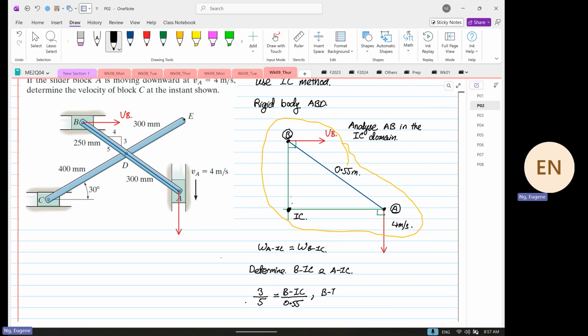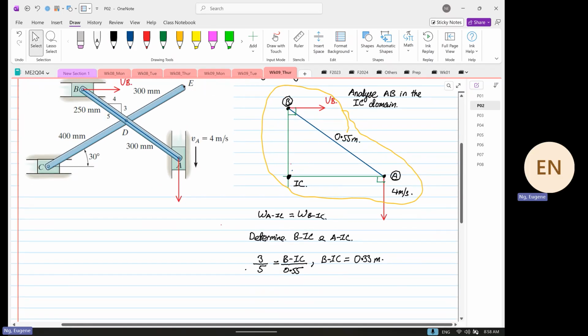So your BIC is equal to 3/5 times 0.55, which is 0.33. And this is in meters.